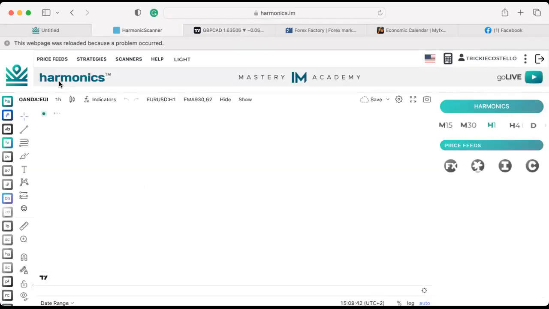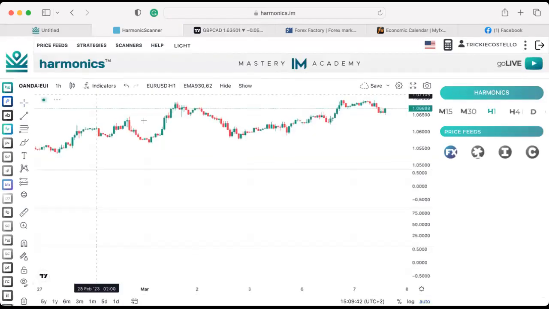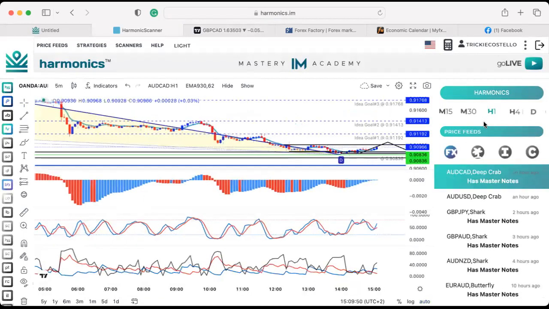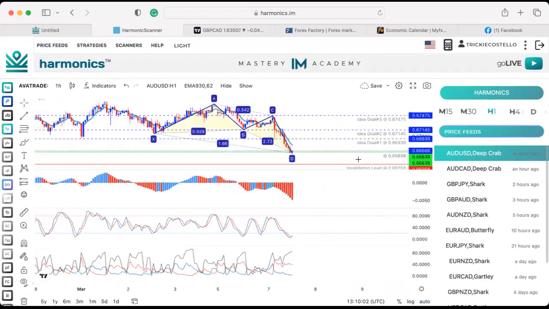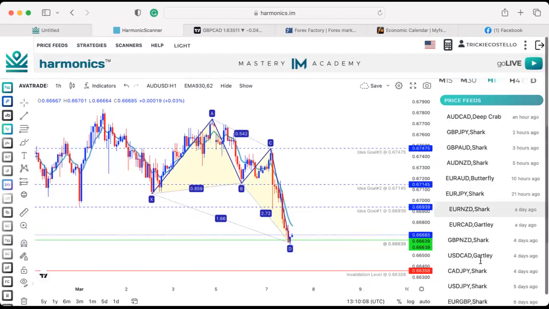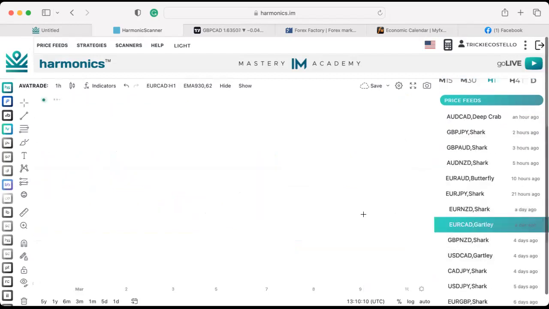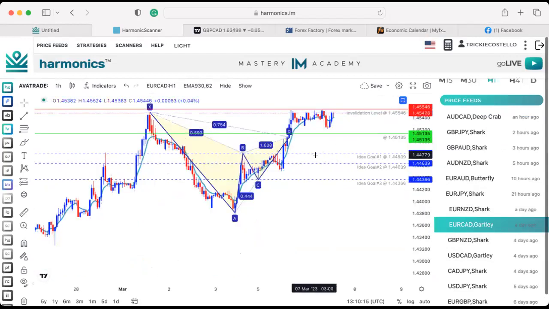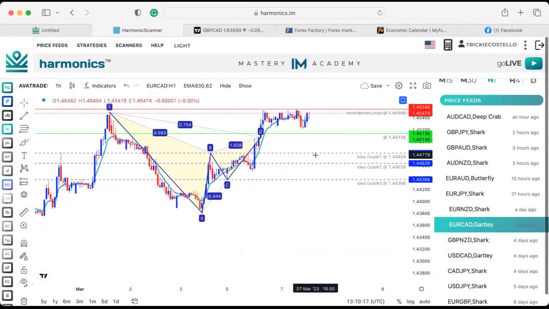But there is a scan on one of the pairs that we're looking at. So if I look at price feeds, go to Oanda and go to Ava Trade, there is a scan on Euro CAD, which is one of the pairs that we're looking at, and that's showing me that price is expected to go down. So there's another clue for us.